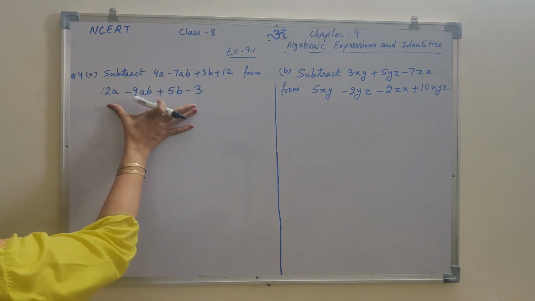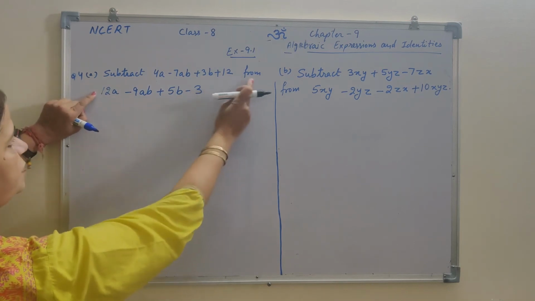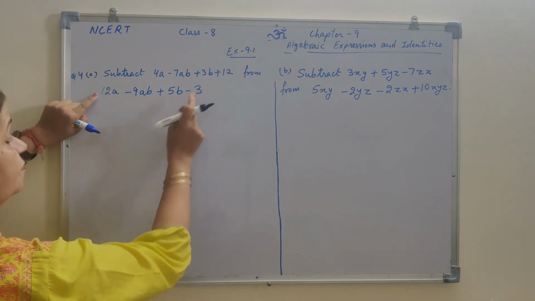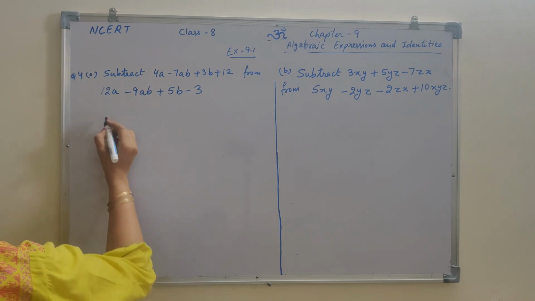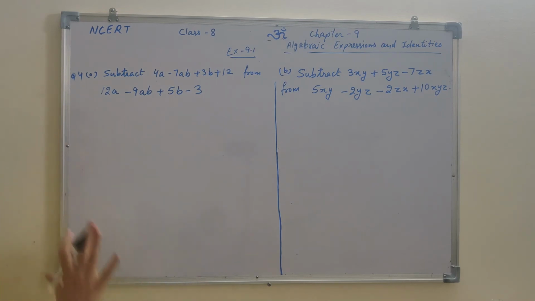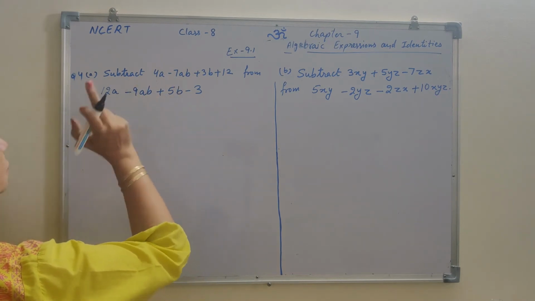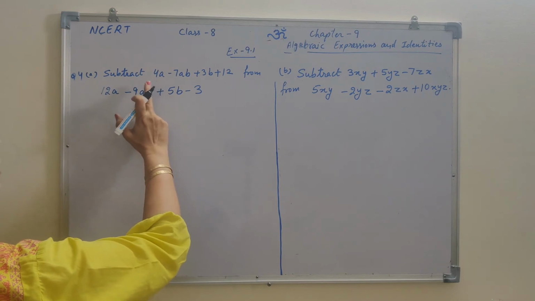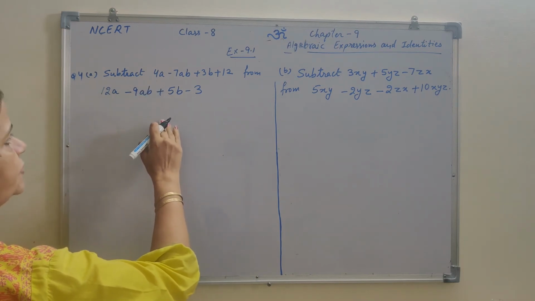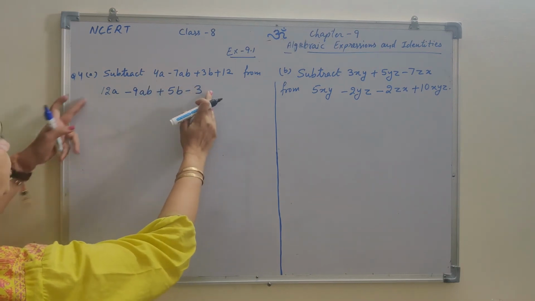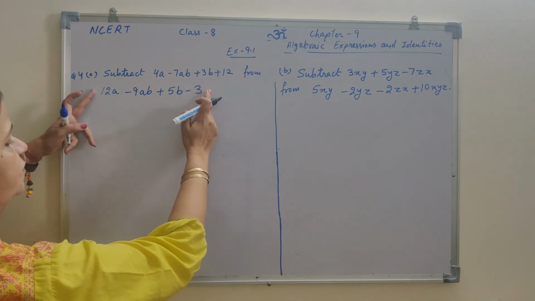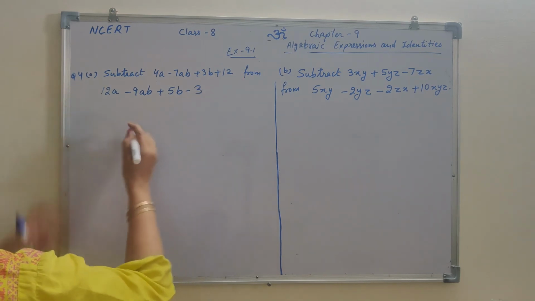It means the expression after the word from is bigger and it will come first. So first we arrange both expressions in columns and then we do the subtraction. Keep it clear in your mind which expression comes first. The expression coming after the word from will come first.